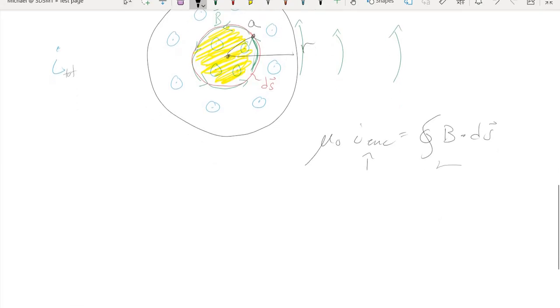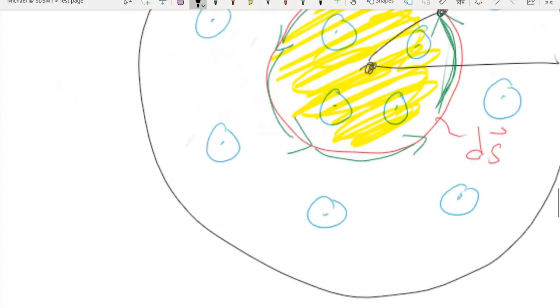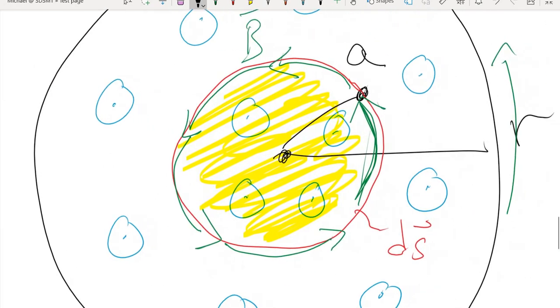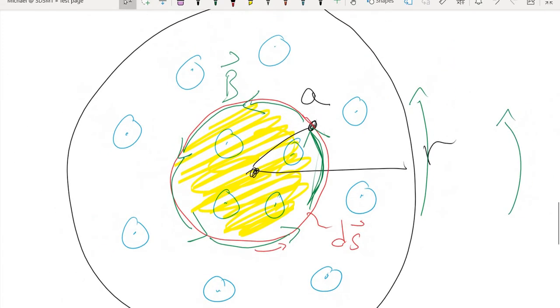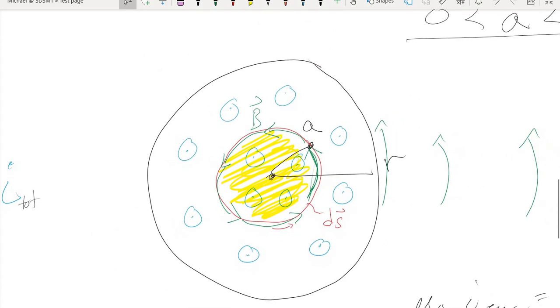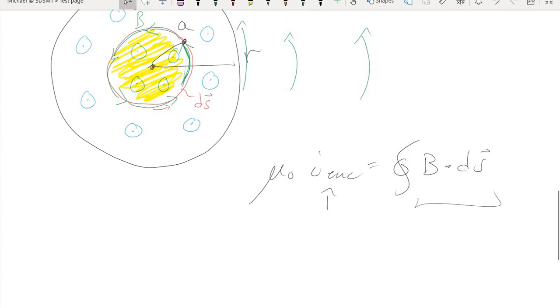Well, let's take care of this dot product first. I can see that as the magnetic field lines orbit around my Amperian loop, my magnetic field lines and my displacement vector ds are still traveling together parallel to one another.